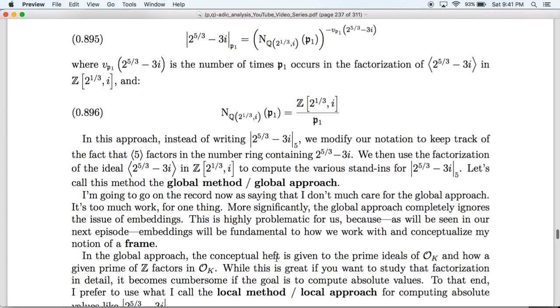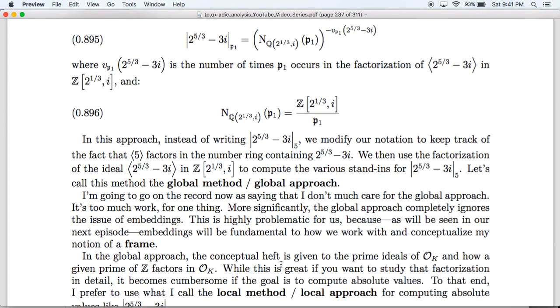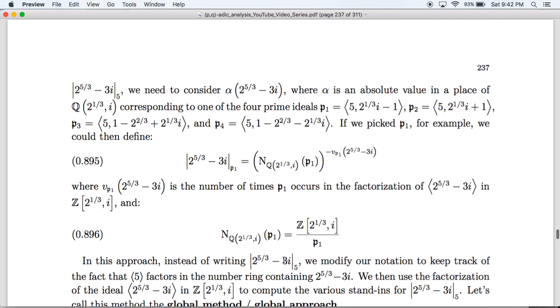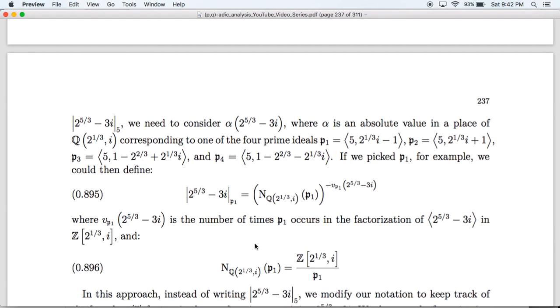So in the global approach, as we said, the conceptual heft is given to the prime ideals of O_K, and specifically, the global approach likes keeping track of how a given prime ideal of Z factors in O_K. The reason why the people on Anthony Vasaturo's number theory server were telling me not to write this expression is because it ignores the fact that 5 factors.